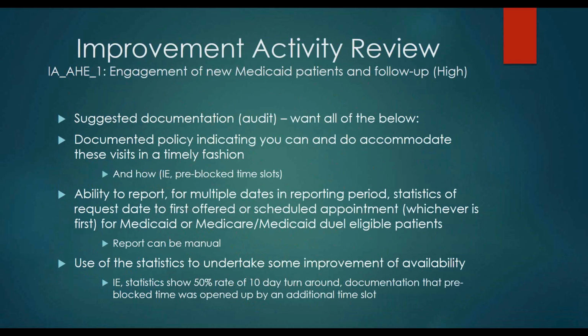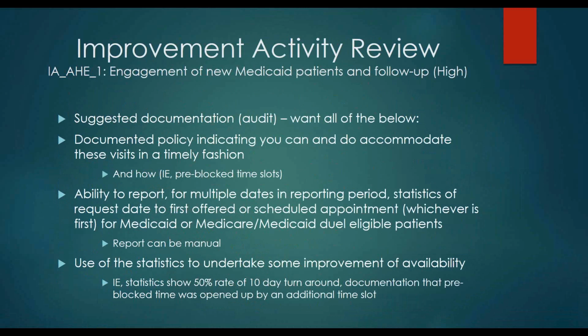You'd also want the ability to report, and you'd want to show multiple dates in your reporting period. Statistics related to when the request came in and when the first appointment was either offered or scheduled. So just a couple examples, maybe for a shorter period of time, but you want to be able to prove that you do in fact do it. You don't just have the policy on file.